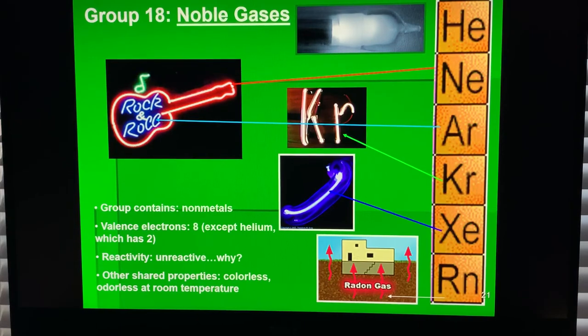Radon is a naturally occurring radioactive gas that comes from the breakdown of the Earth's rocks inside the crust. And it occurs naturally through radioactive decay inside the Earth. But then normally the radon gas would just leave the Earth and go up into the air and not be a problem for anyone. The problem is when people build houses.